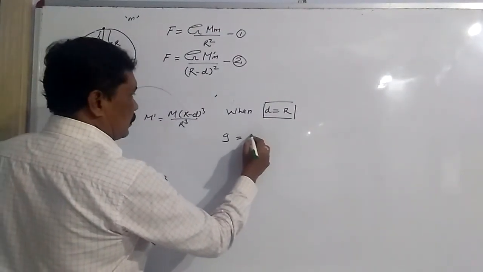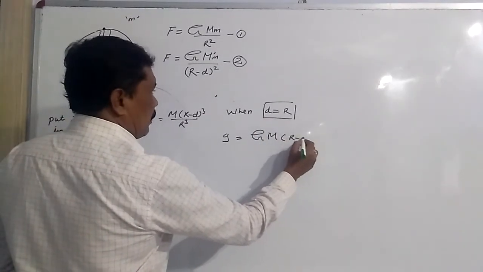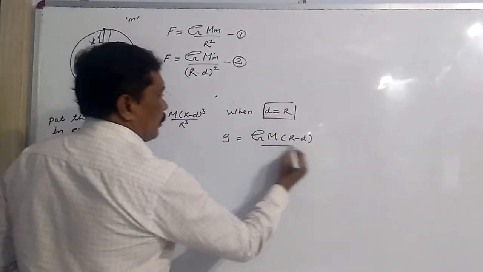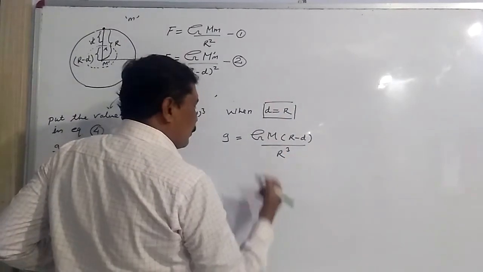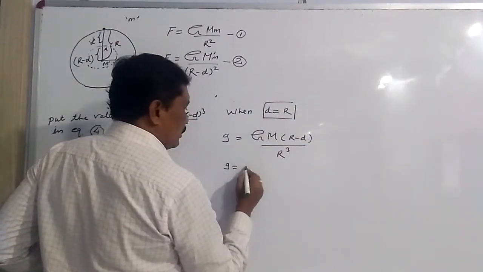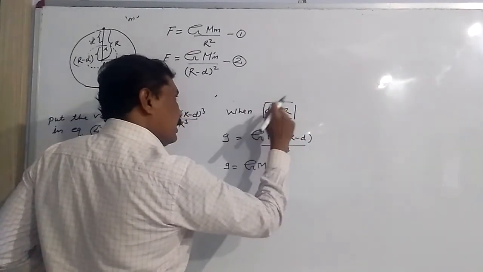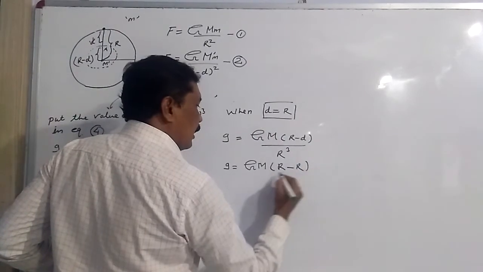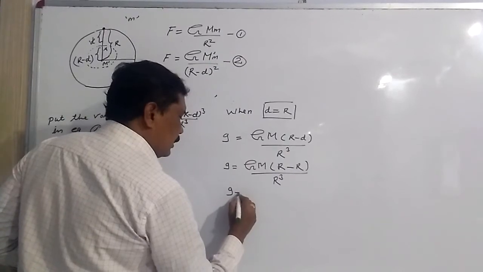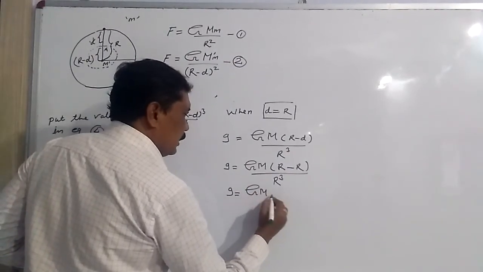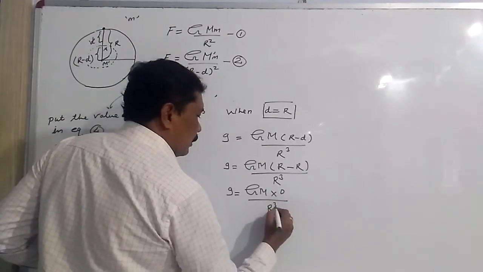g is equal to GM into R minus D upon R cube. When D is equal to R, what can we write? g is equal to GM, in place of D we will write R, upon R cube. g is equal to GM, R minus R is 0, upon R cube.